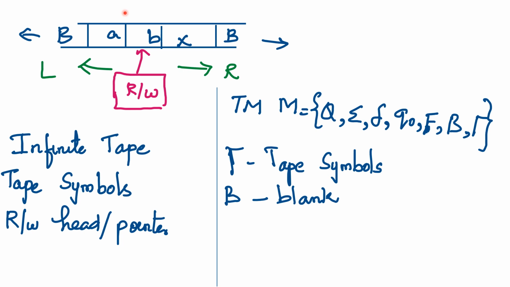For example, a is replaced by x, or a is replaced by y, b is replaced by z, like this. If you are replacing, we mark it as a scanned symbol.